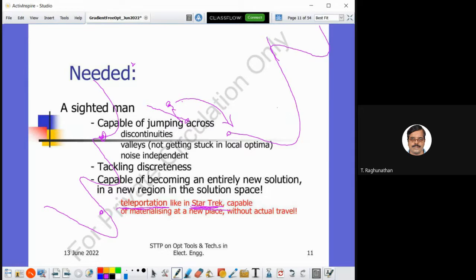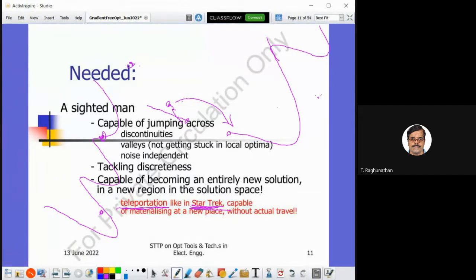Like telepathy. Telephone, television, telepathy, teleportation. All these tele means action from a distance. In that serial, people could go from the ship directly to the surface without having to land the spaceship on the surface. So that is teleportation.